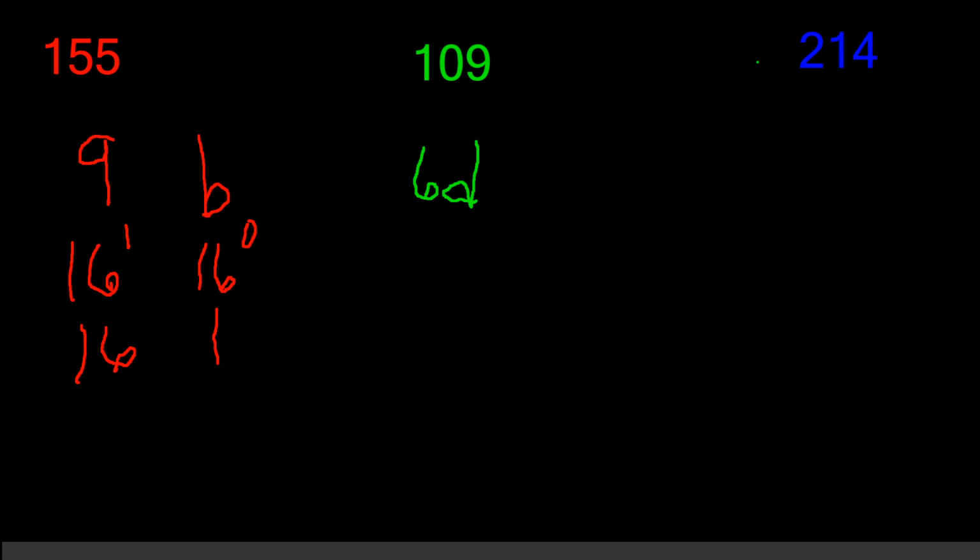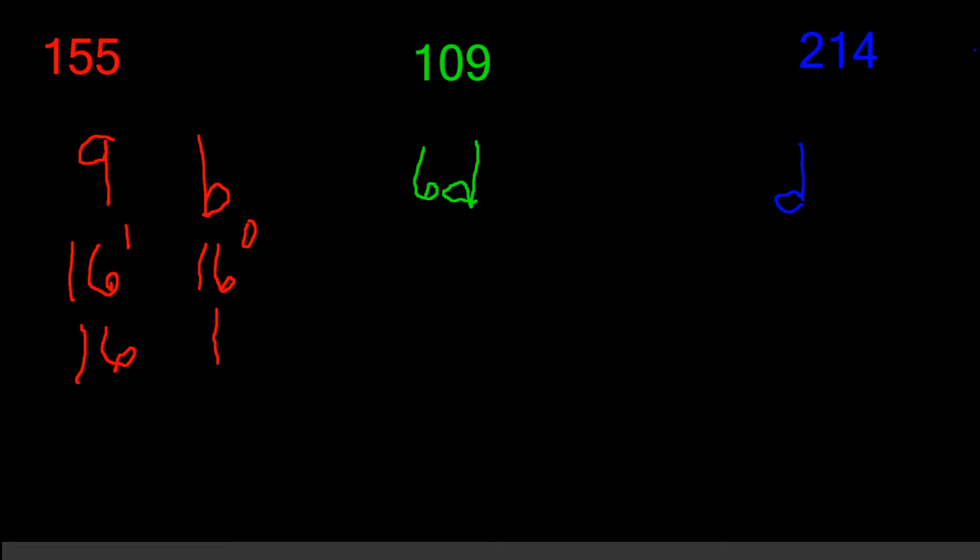And finally, we have 214 here on the end. 214 divided by 16 equals 13.375. So the first number is 13. A is 10, B is 11, C is 12, D is 13. So we have D. 13 times 16 is 208. 214 minus 208 is 6.